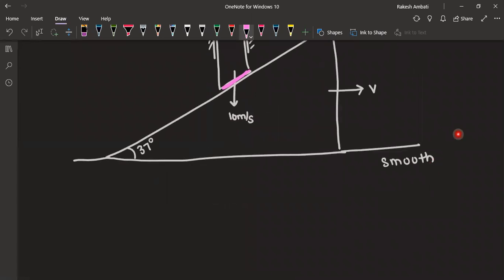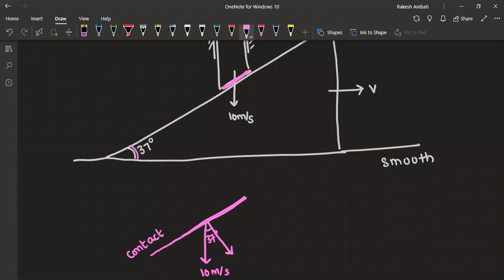So see carefully. It is a contact surface. The rod moves exactly vertically downwards at 10 meter per second. If this angle is 37 degrees, then this angle also becomes 37 degrees.